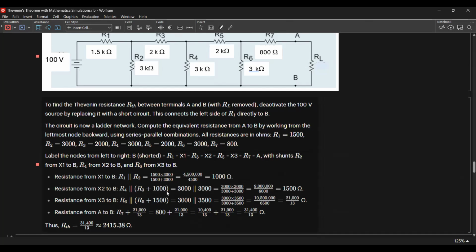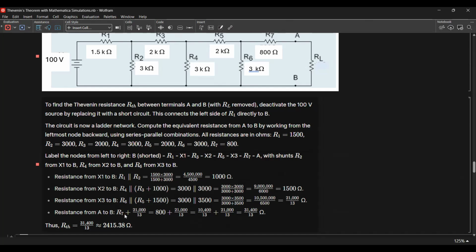R3 plus 1000, and this one is parallel to R6. Okay. So 1500 is in series with R5, and this is in parallel with R6.